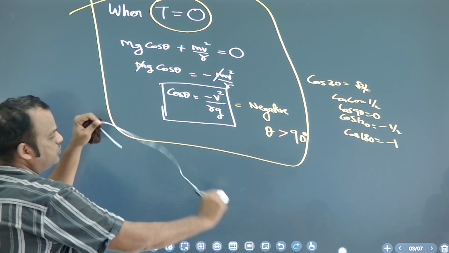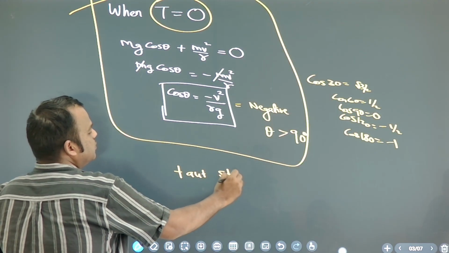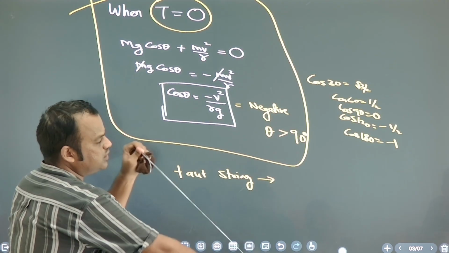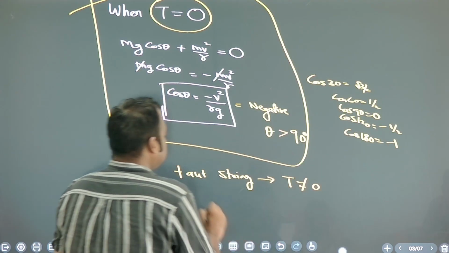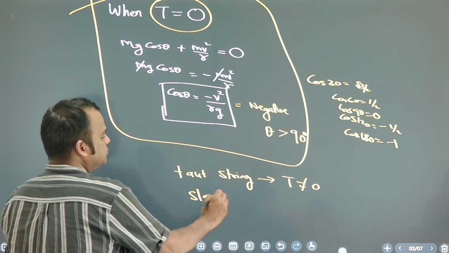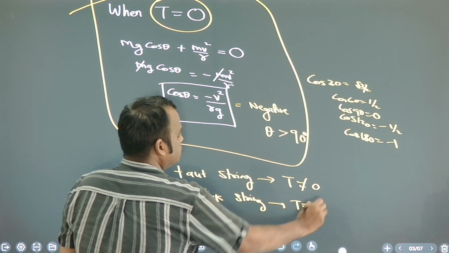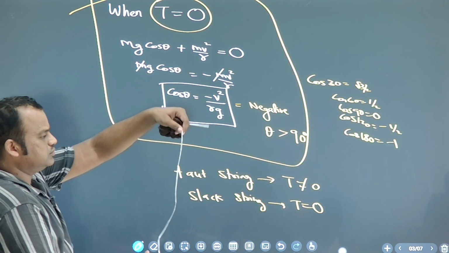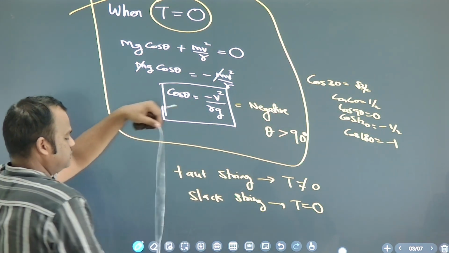What do you mean by taut string? Taut string means tension is not 0. Slack string means tension 0. Like this. What is the tension now? Slack, 0.